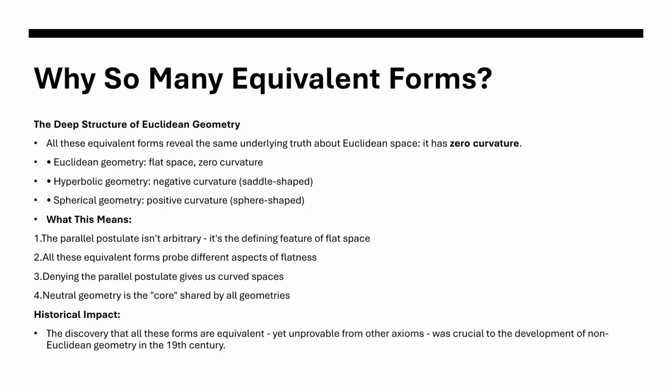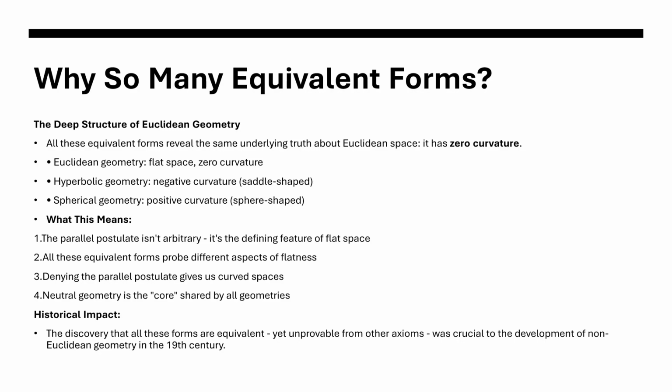However, they kept finding equivalent statements, thinking maybe this one is easier to prove, but they're all equivalent. None can be easier than the others. They are all equivalently unprovable. This led to the realization that the parallel postulate is independent. It can't be proven or disproven from the other axioms.